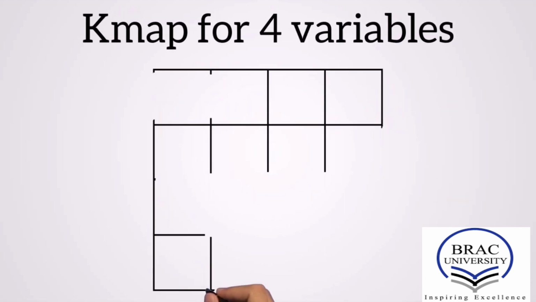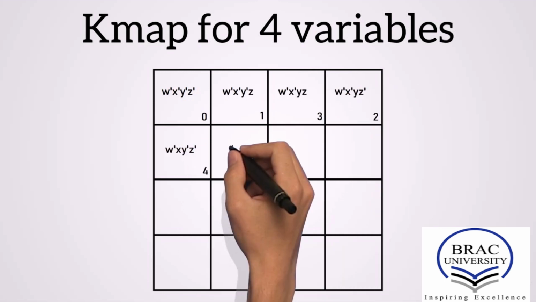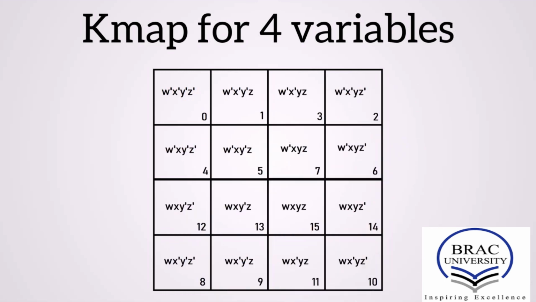Now let's get the values of the min terms so that we can label our rows and columns. Just like the previous time, we will see which variables are common in which rows and columns. So what you're going to do is pause the video for a while and figure out which rows and columns get which variable.